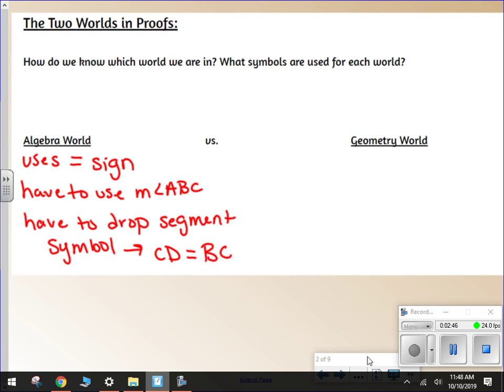The geometry world uses symbols like congruent or perpendicular. All those symbols that we've been learning in this class are going to indicate that we're in the geometry world. But more importantly, we're going to probably use the congruent symbol a lot.